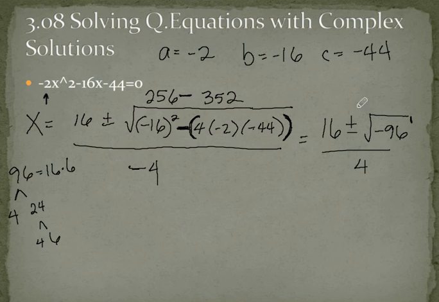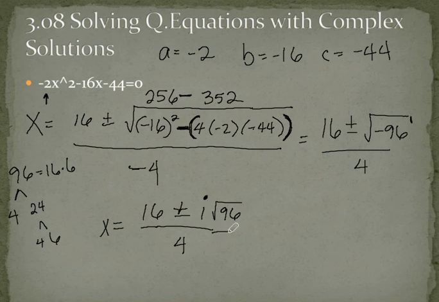Now we need to clean this up over here. So x is equal to 16 plus or minus i radical 96 over 4. And you may be saying, what?